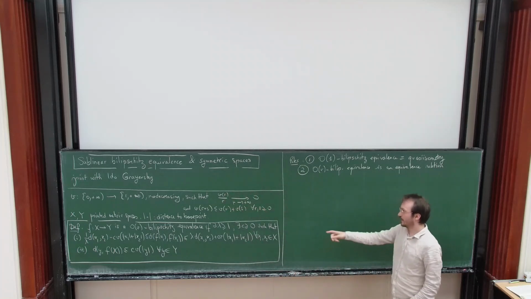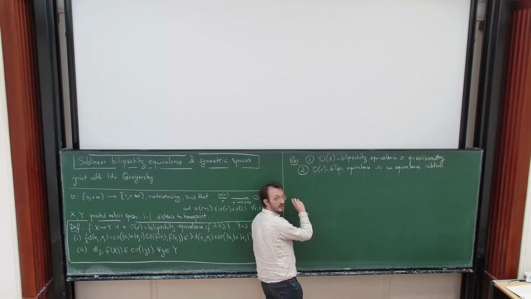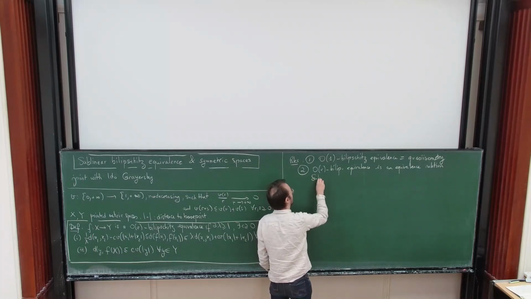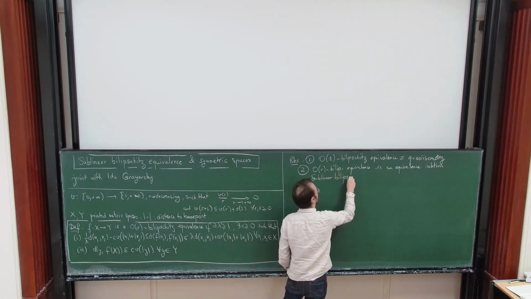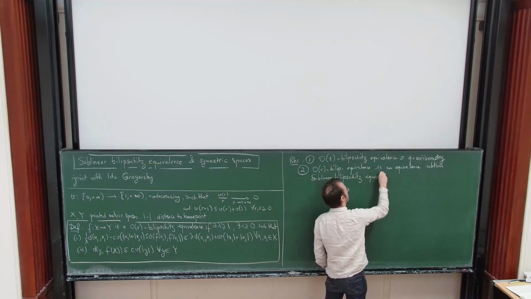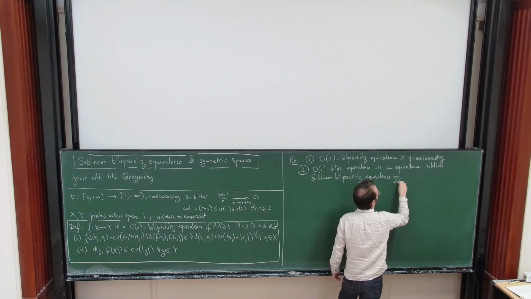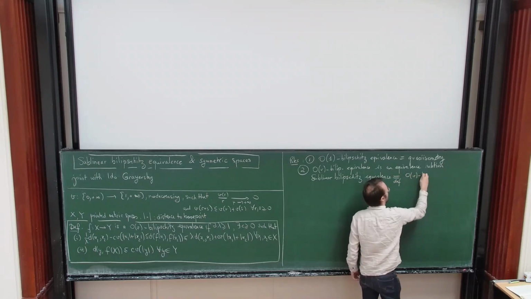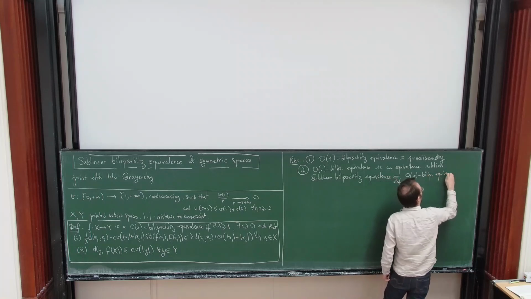And what I will call sublinear bilipschitz equivalence is defined as OV bilipschitz equivalence for some V.